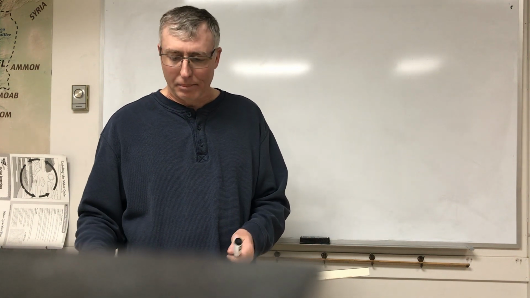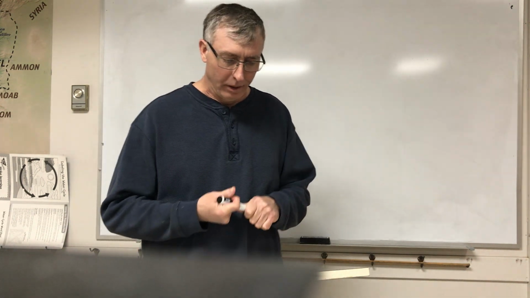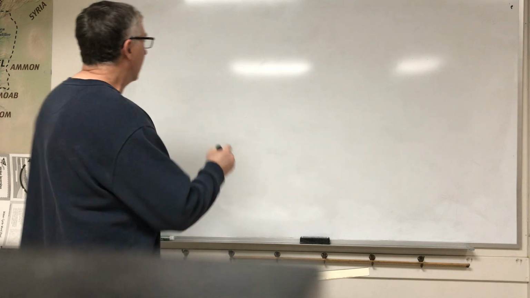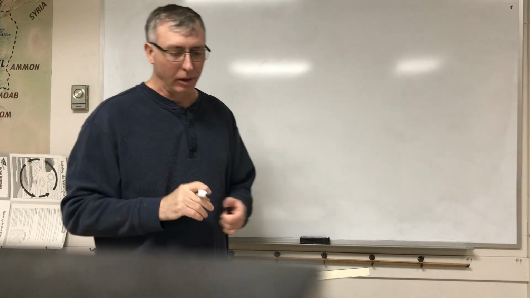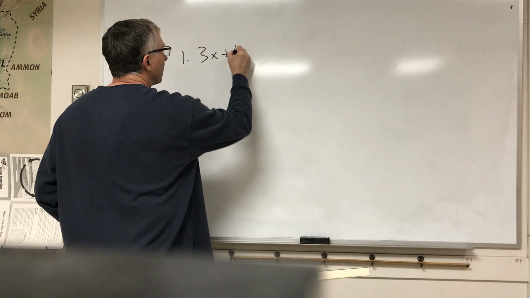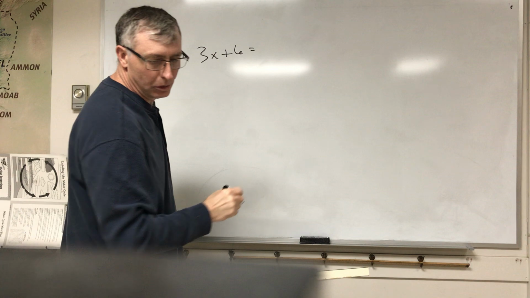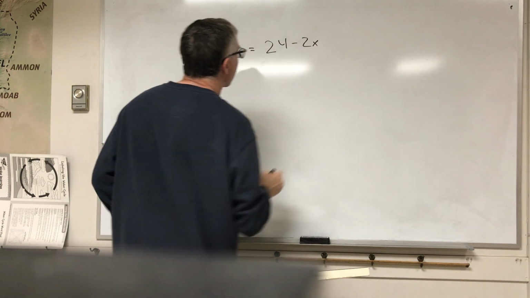At the top of the sheet it will say practice with variables. On number one, we'll just go ahead and work this. This is solving for x, so you have 3x plus 6 is equal to 24 minus 2x.